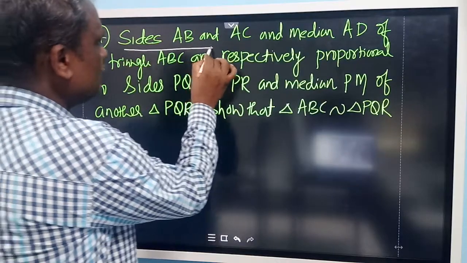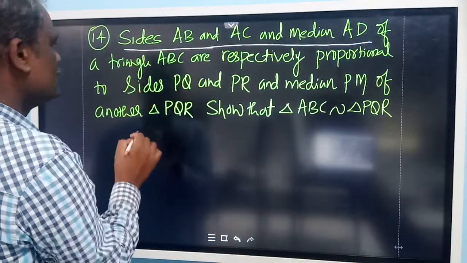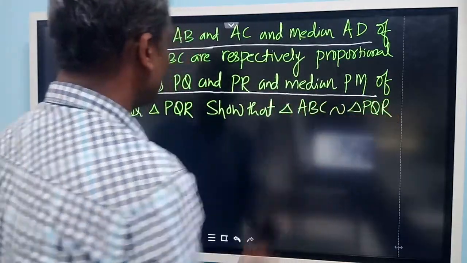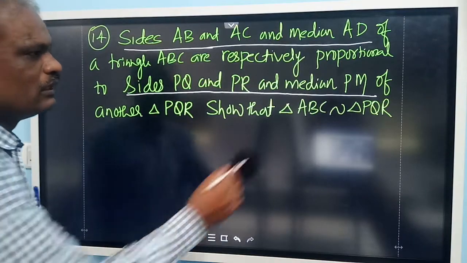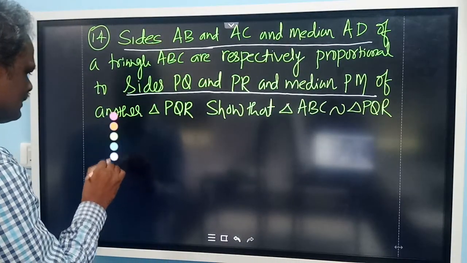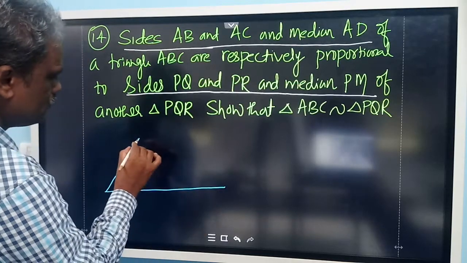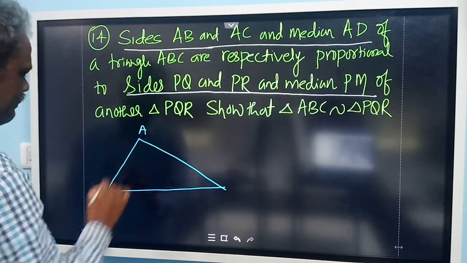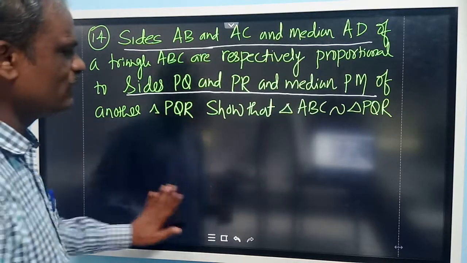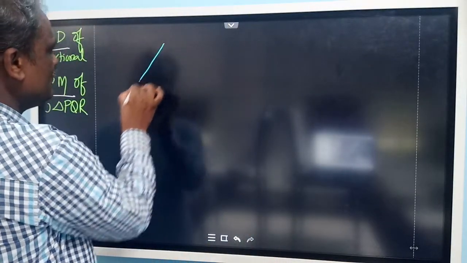Sides AB, AC and median AD of triangle ABC are respectively proportional to sides PQ, PR and median PM of another triangle PQR. You have to show that triangle ABC is similar to triangle PQR. So let us take two triangles. I take this as triangle ABC. Let us go to the next page because we need to do some construction here.